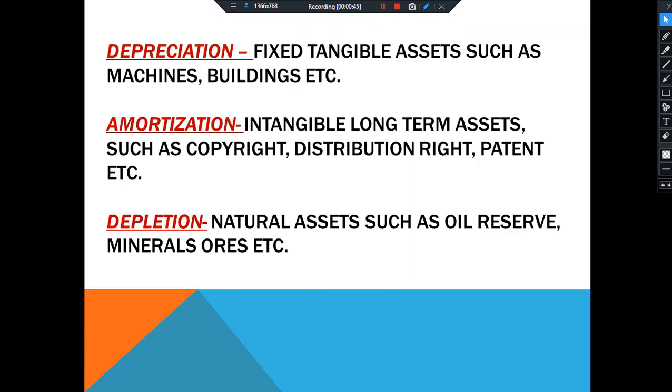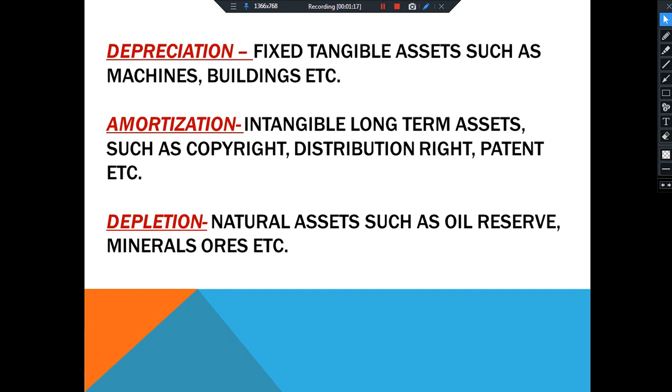So just quickly take a look here. When we talk about depreciation, please remember, it is always applicable on certain fixed tangible assets, like fixtures, machines, buildings. Amortization is applied on long term intangible assets. For example, a company has various rights like copyrights, distribution rights, and patent rights.